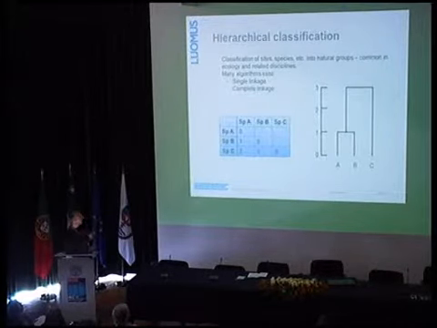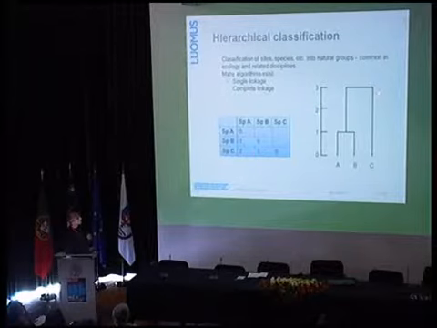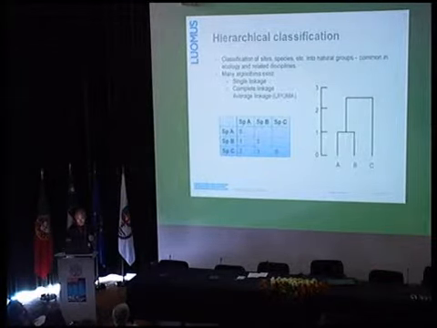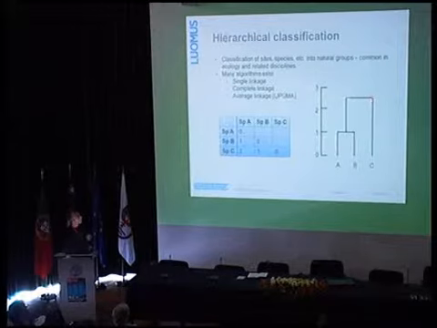And then complete linkage connects this group with species C by the larger dissimilarity, so 3, and the average linkage by the average of the distances.